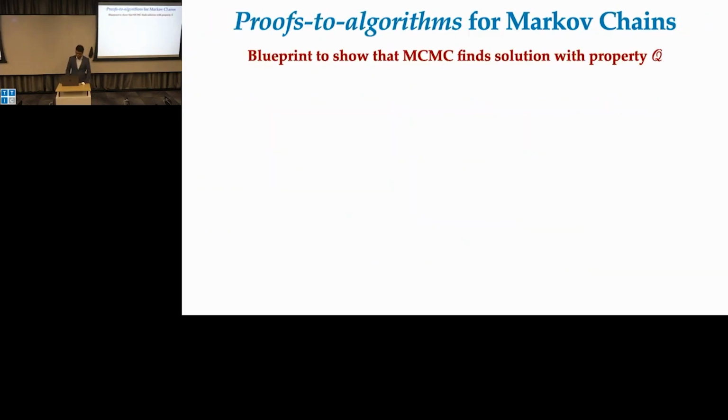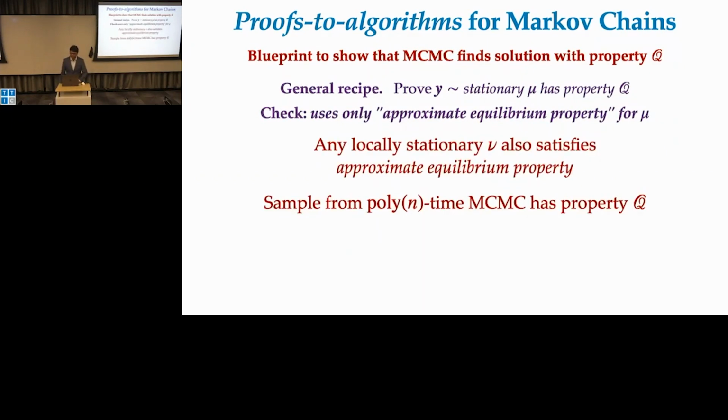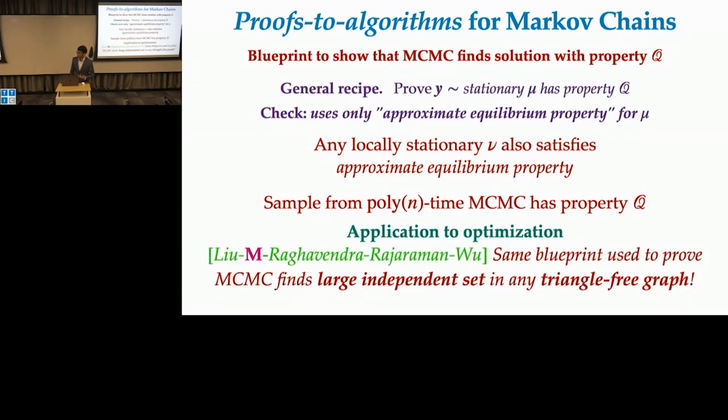And in general, you could imagine applying this principle towards showing that the Markov chain satisfies any property you want, as long as you can get a proof using only this approximate equilibrium property of the Markov chain. And we'll be able to use this for an application beyond inference.